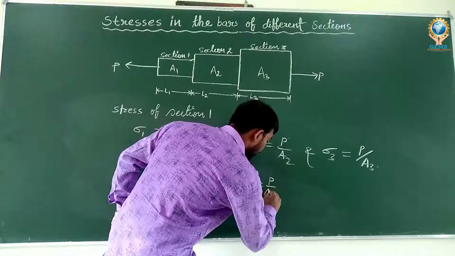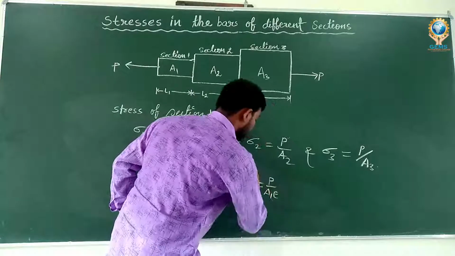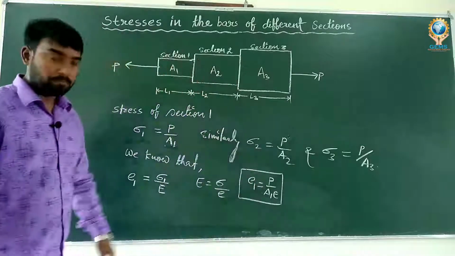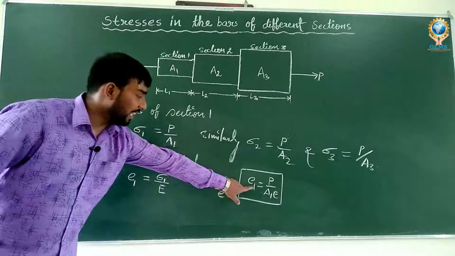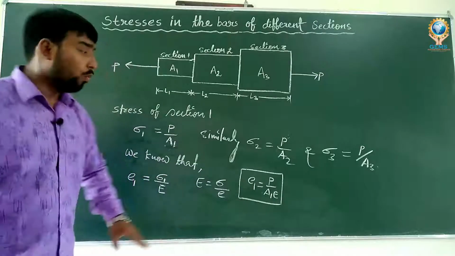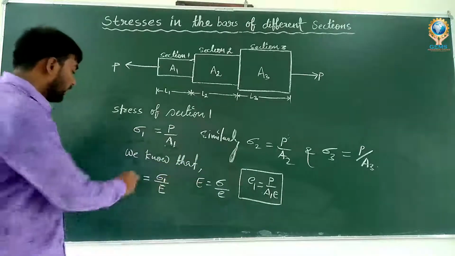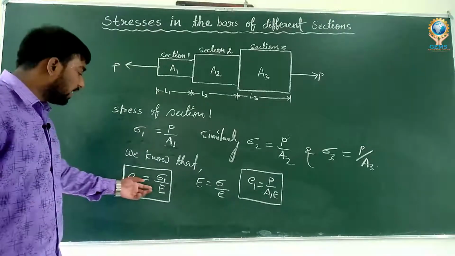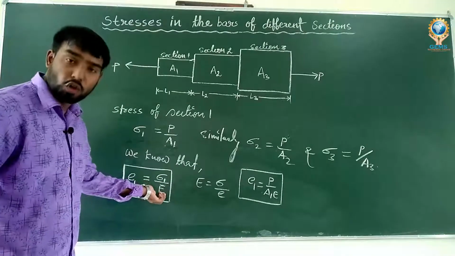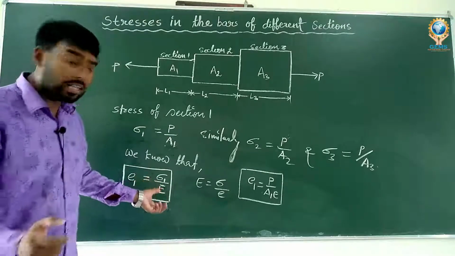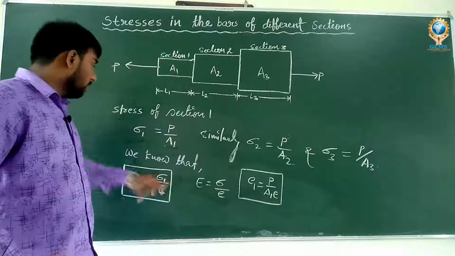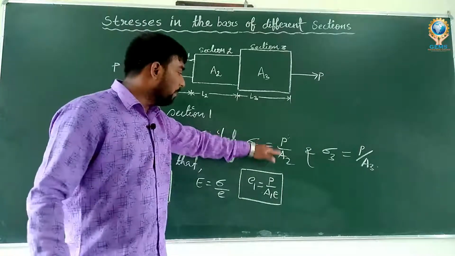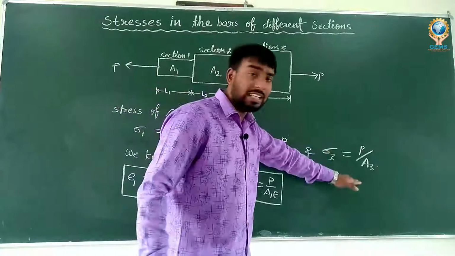So E1 is P by A1 into E. This is the value of strain in section 1. Why? Because this is the formula for strain: strain is equal to stress divided by Young's modulus. Already we have the value of stress for every section: section 1 has P by A1, section 2 has P by A2, and section 3 has P by A3.